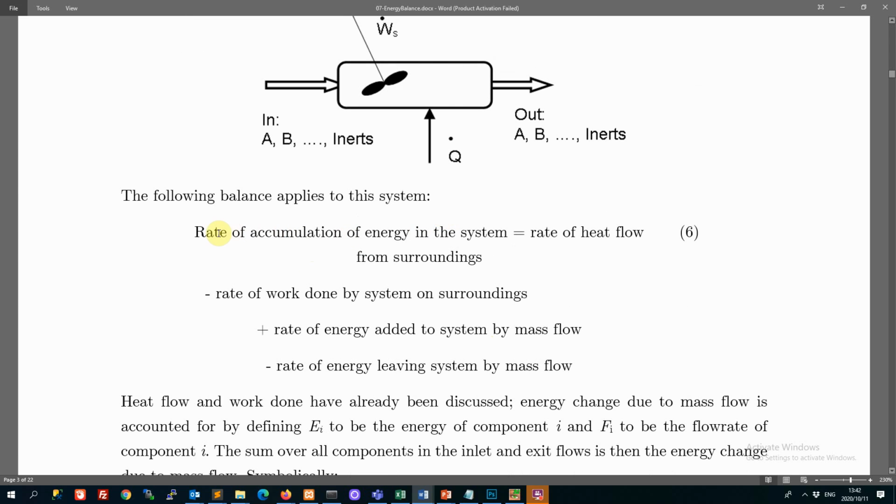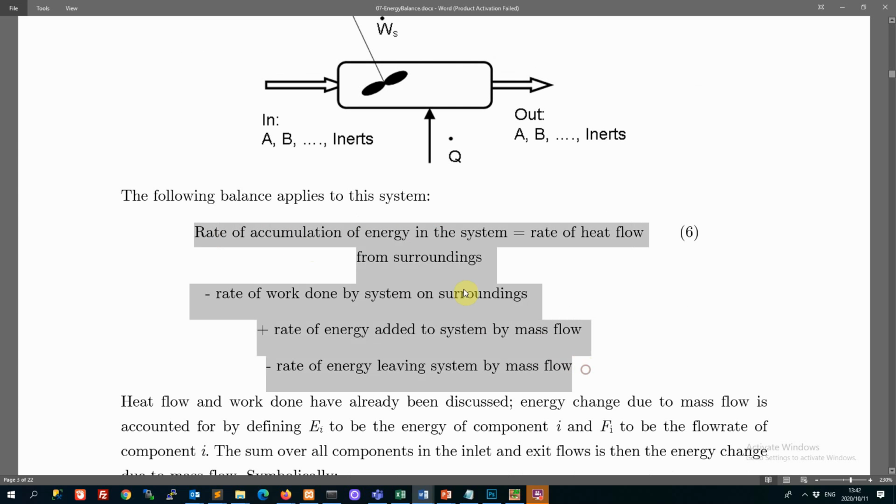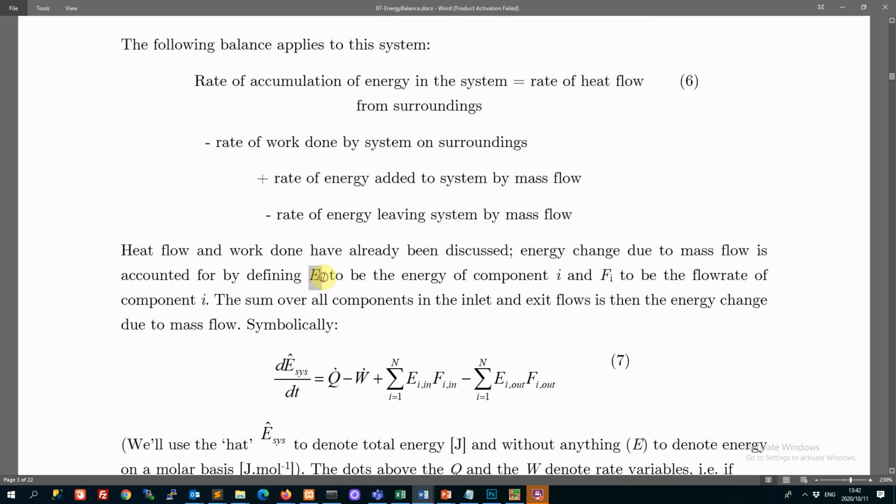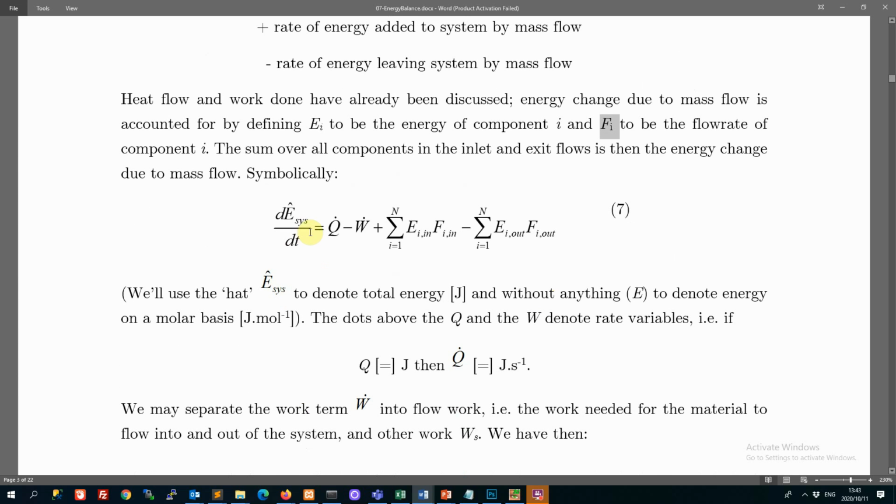So like we said, this is the kind of balance that we could apply. And so we are defining Ei to be the energy of component i, and Fi to be the molar flow of component i. And so if you add up all the contributions from species i, then you can say the rate of change of energy in the system must be equal to the flow of energy into and out of that system.